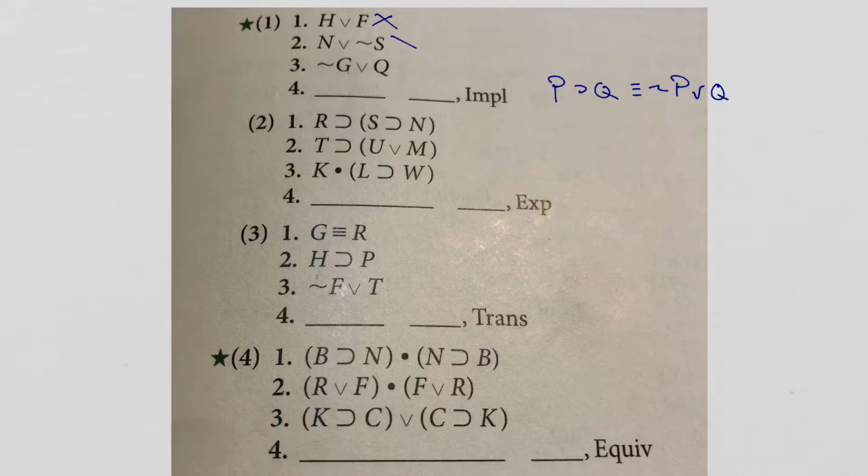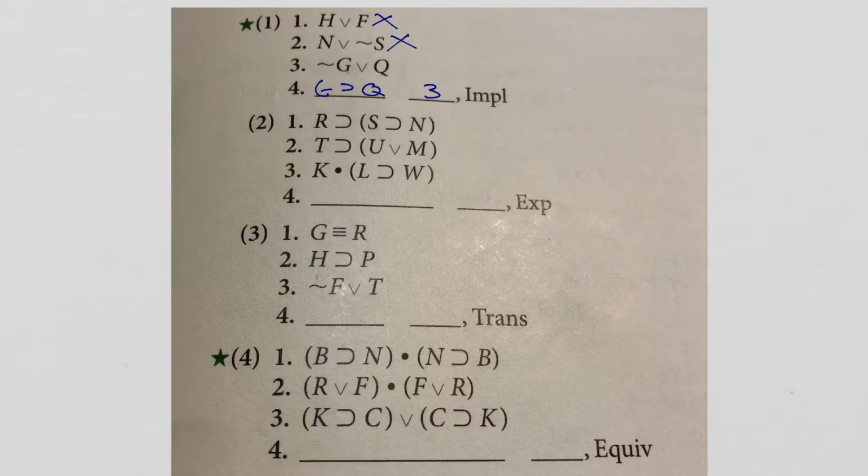It should be on the other side. And then if you look at line 3, it's perfect. So you have not G or Q. That's equivalent to not P or Q. So what we're going to end up with is G horseshoe Q, and we're going to use line 3.